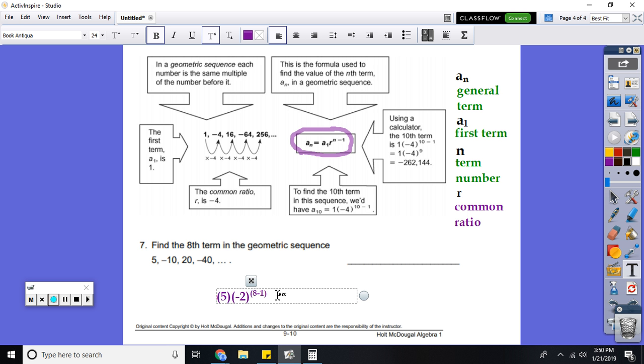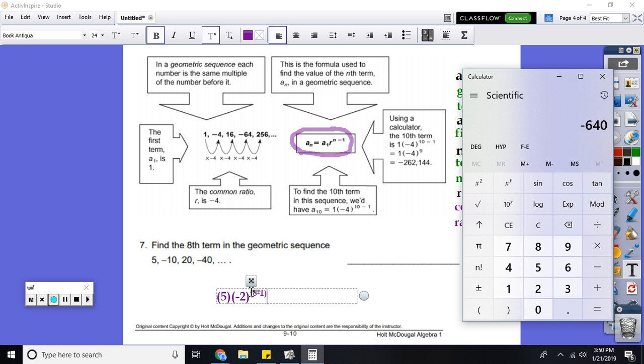So what that means when we evaluate, and that means order of operations, you have parentheses and then you have exponents. If you look at the exponent, it has parentheses in itself. So you do what's in the parentheses first, and then you evaluate the exponent. So 8 minus 1 would be 7. Then we evaluate the exponent. So I would take -2 and raise it to the 7th power. So what that would look like is I would have parentheses, -2, close the parentheses, and an exponent of 7.